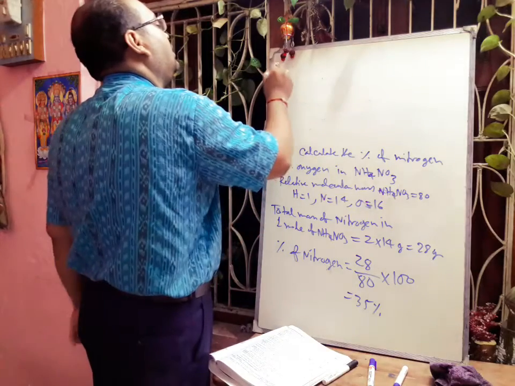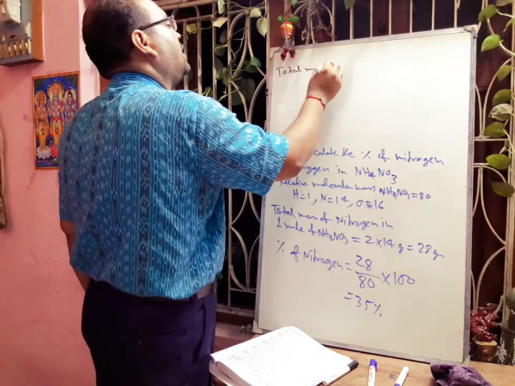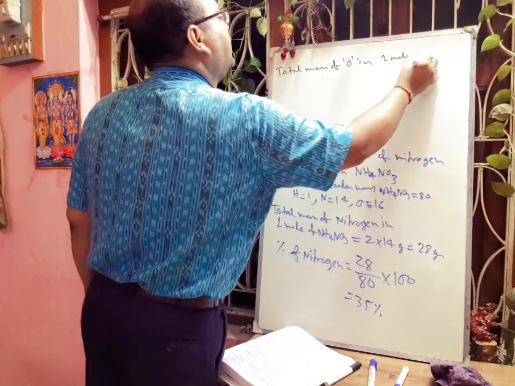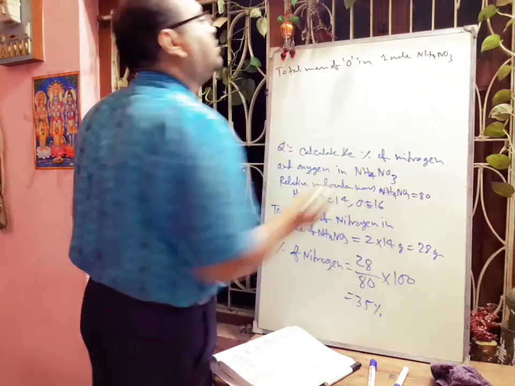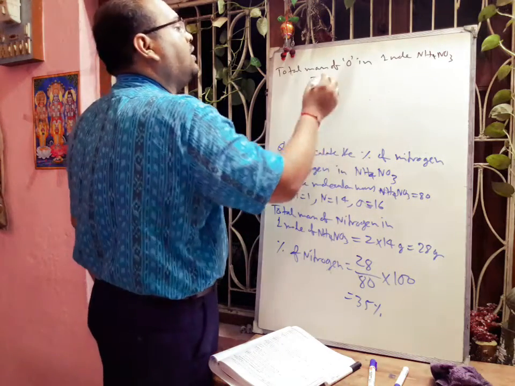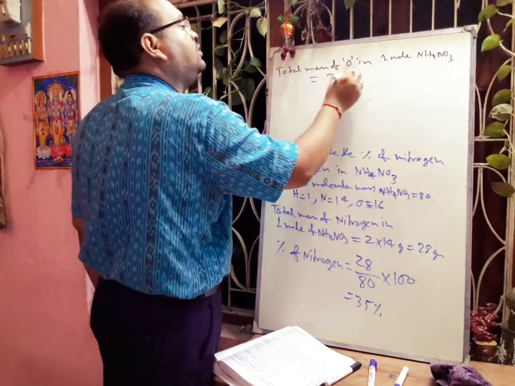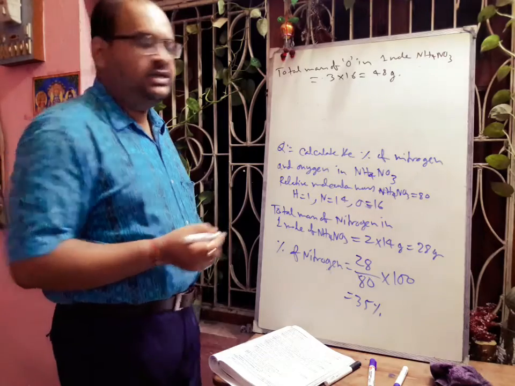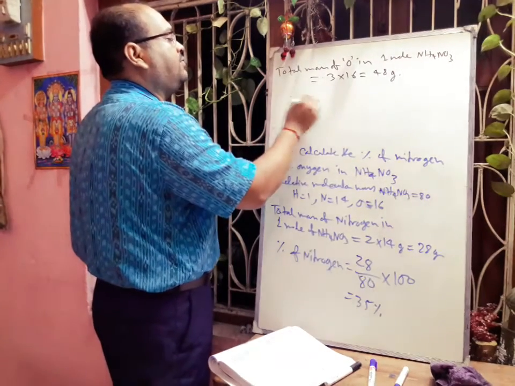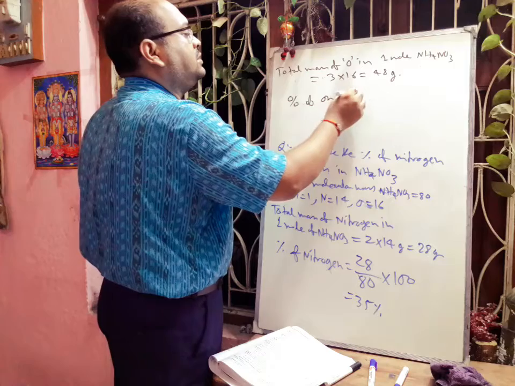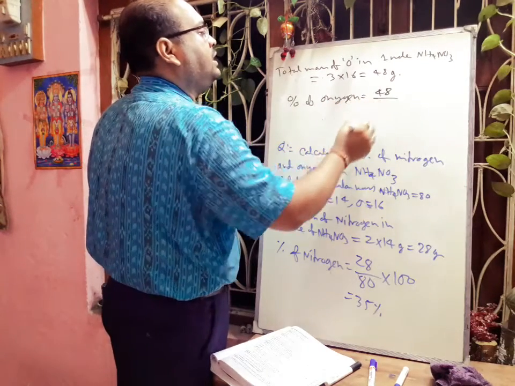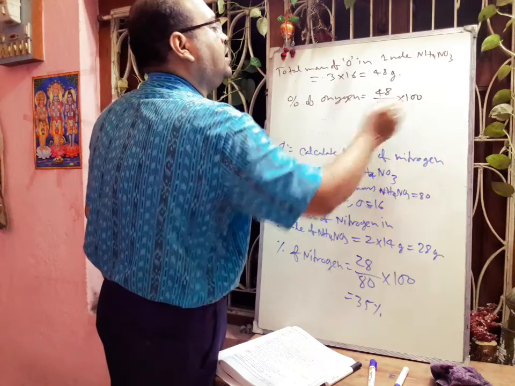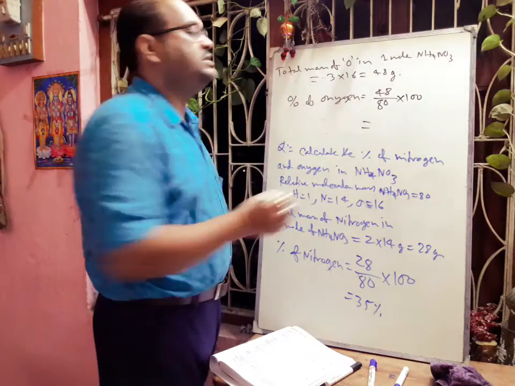So 1 oxygen is equal to 16, so 3 into 16, that is 48 gram. So the percentage of oxygen will be 48 divided by the total molecular mass 80 into 100. And if we calculate it, we will get the value 60%.